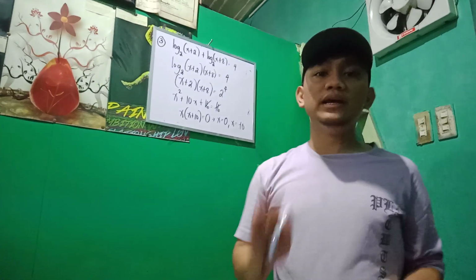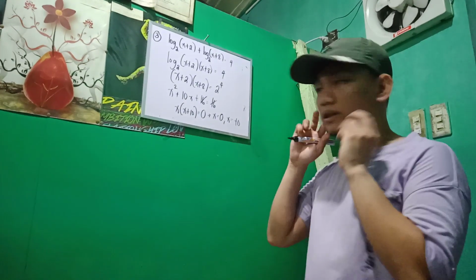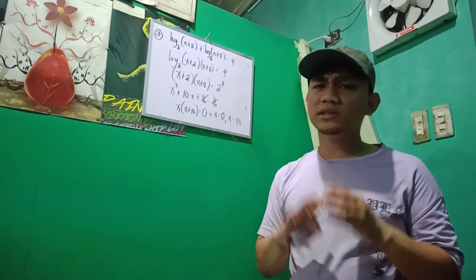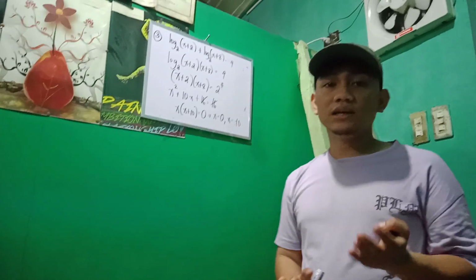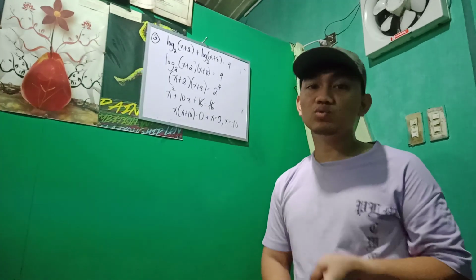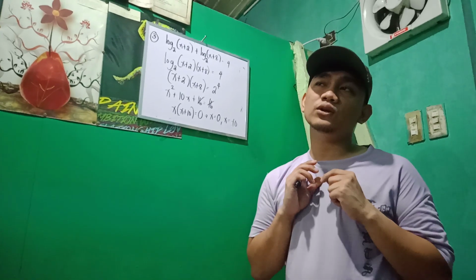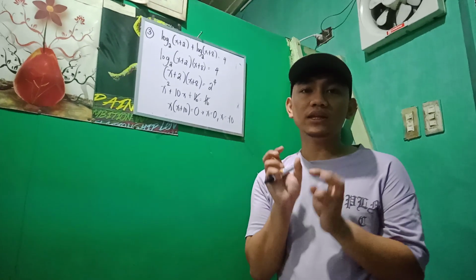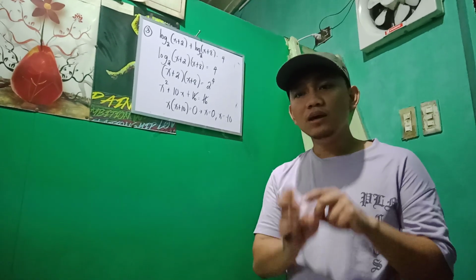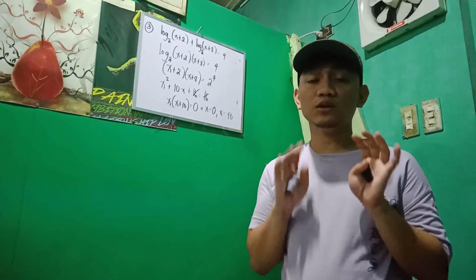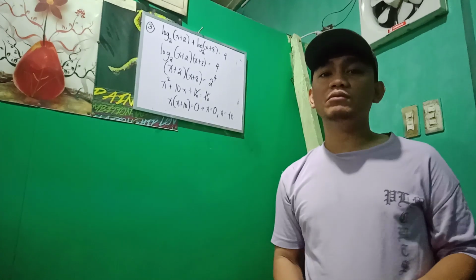Pero guys, makinig maigi. Hindi, porket yan yung nakuha nyo, yan na agad yung tamang sagot. Hindi, mali yun. Kasi, meron tayong tinatawag na extraneous roots. So, yung extraneous roots natin, ang tawag kasi natin doon is, ito yung root na nakukuha natin based dun sa computation natin. Pero once na i-substitute natin siya, it won't satisfy the given equation.